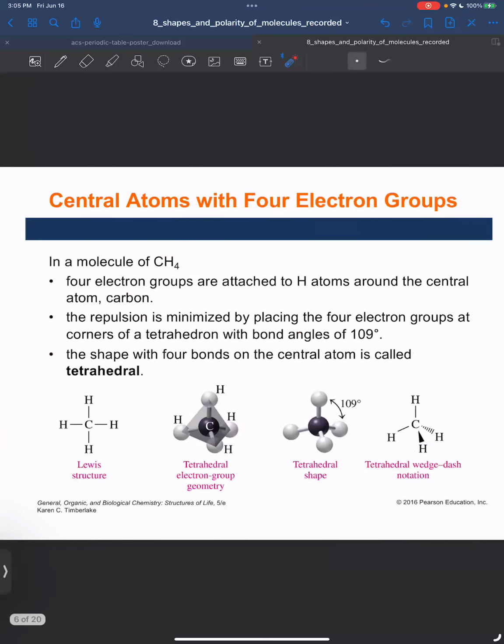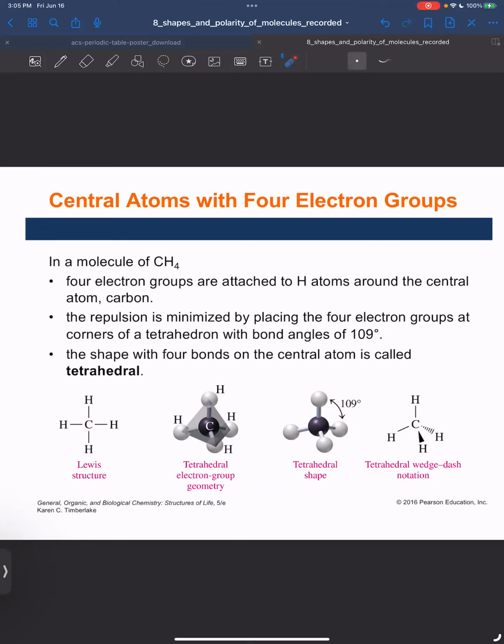Let's look at the scenario where there are 4 electron groups. So let's come back to methane. Methane has 4 electron groups, or carbon has 4 electron groups attached. And we saw in the earlier example that the repulsion is minimized if those 4 electron groups are arranged in a shape that maximizes that bond angle to 109 degrees.